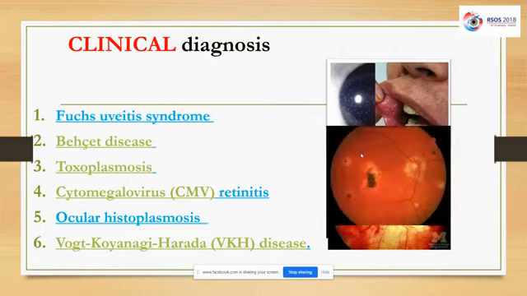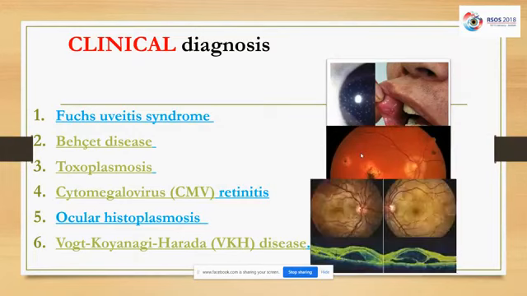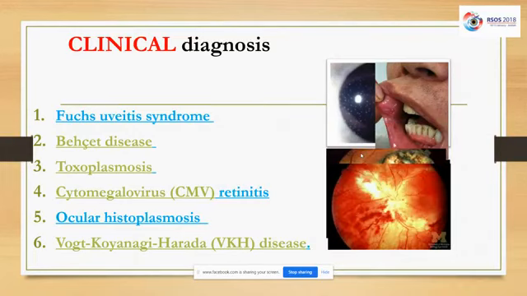The cytomegalovirus retinitis, sorry, presents mainly with optic disc edema with hemorrhages and exudates all over the posterior pole, and there is a history of involvement of other systems, for example if the patient has a history of hepatitis or jaundice, so it can be correlated easily with the findings in the retina.